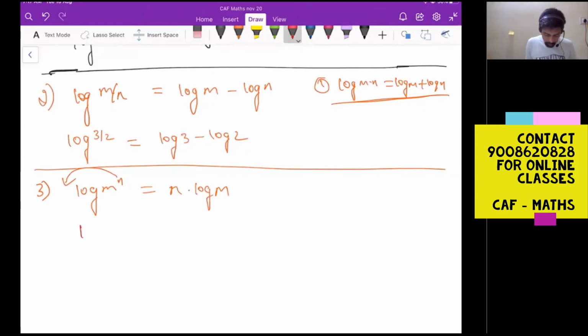Using this property, log of 2 to the power 5. So tell me, how should I write this log of 2 to the power 5? 5 into log 2, correct? This exponent 5 becomes the coefficient. So 5 into log 2.